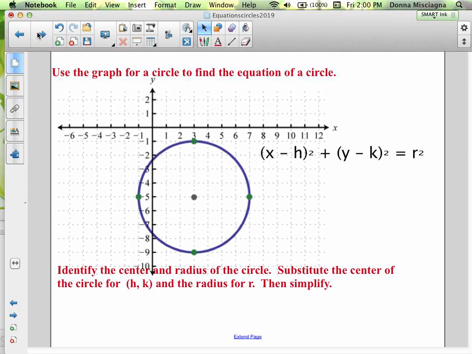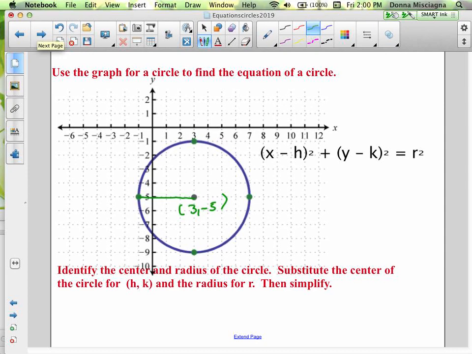Identifying the center of the circle is green 3. The center of the circle is 3, negative 5. Make it a little easier for the radius person. Identifying the radius is green 1. 4 is correct. You think it'll be a green again? Identifying the equation for the circle is red 2.